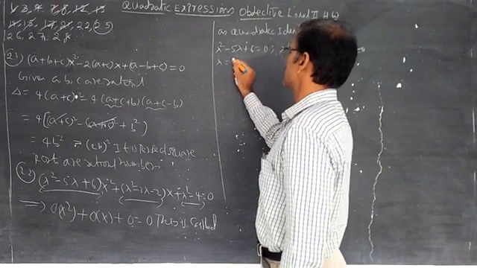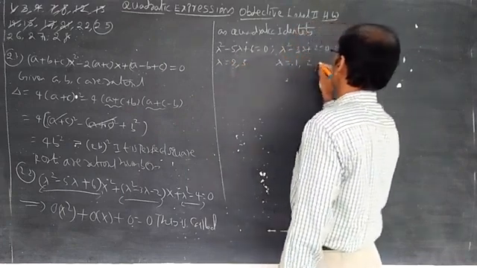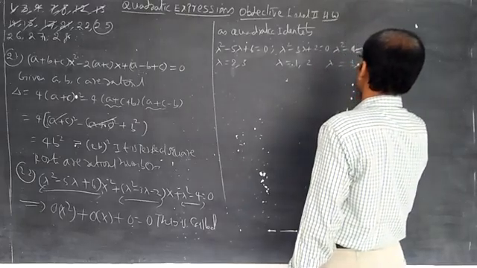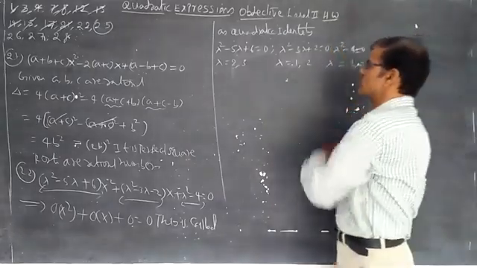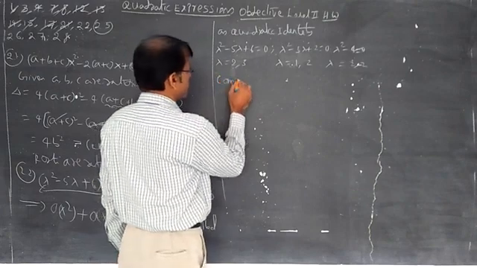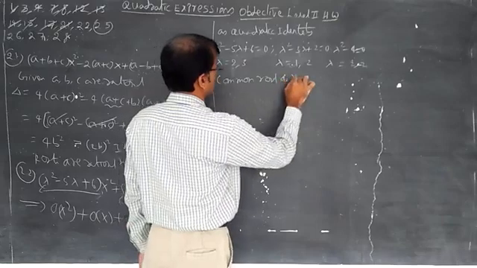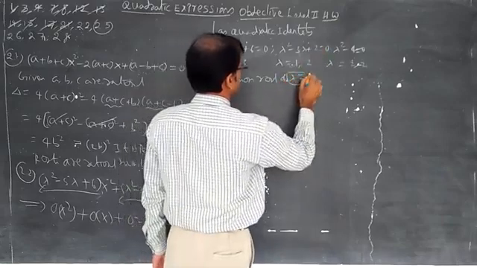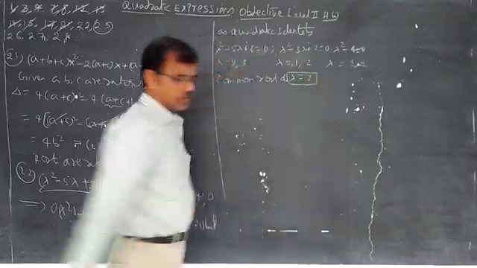So lambda equals 2, 3; lambda equals 1, 2; and lambda equals plus or minus 2. What is the common root satisfied here? That is the original value of lambda: the common root is lambda equal to 2. So whenever lambda is equal to 2, you can substitute any value in the quadratic equation.